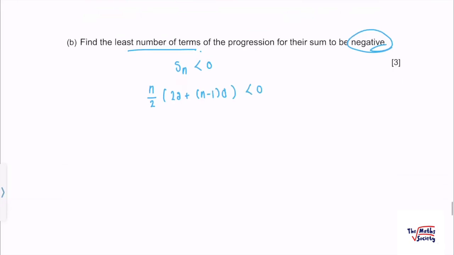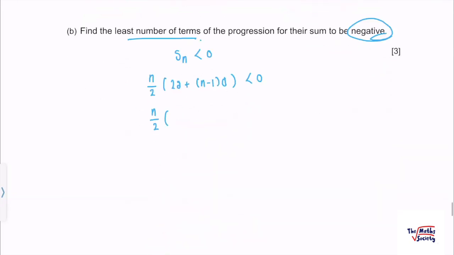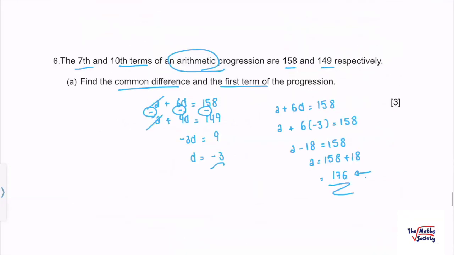And b, find the least number of terms in the progression for their sum to be negative. So it means that S_n has to be less than 0. So in the formula, n by 2 times (2a plus (n minus 1)d) is less than 0. n by 2, 2a, a was 176, 2 multiplied, you get 352, plus (n minus 1), d has to be minus 3.